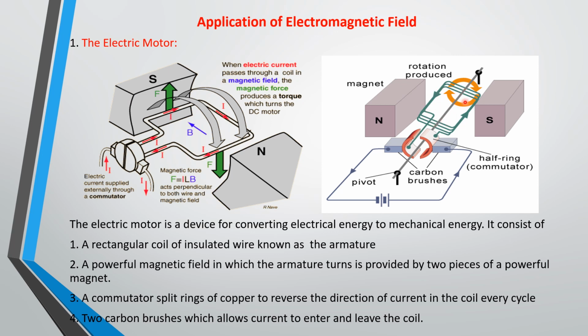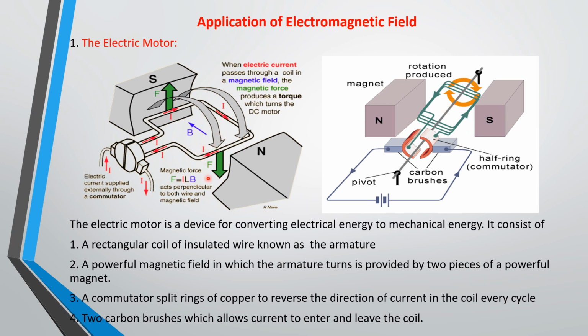This is the coil here, you can see it here. This is the coil, and this is the coil. It has a powerful magnetic field in which the armature turns. These two magnets that are placed out are very powerful magnets that produce a very powerful magnetic field in which the coil can turn.